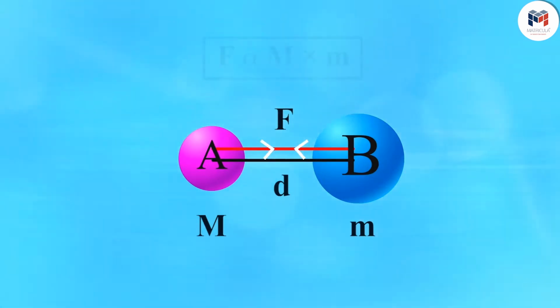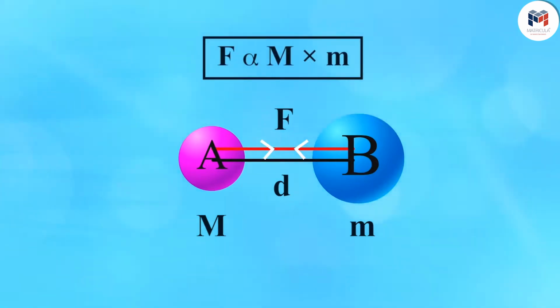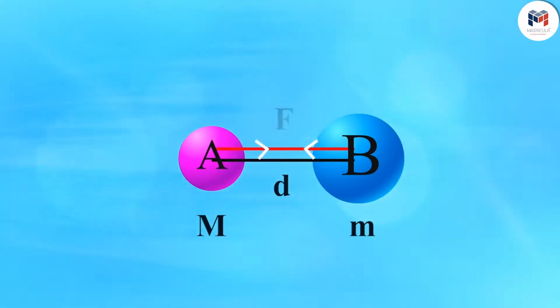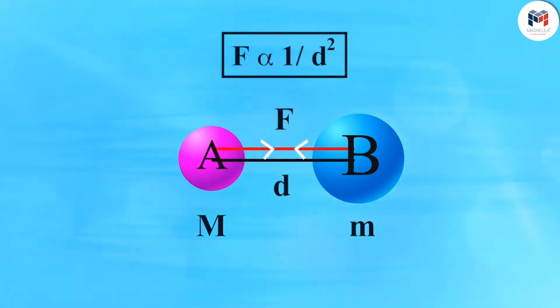So, mathematically we can write it as F directly proportional to m multiplied by m. Now, the force is inversely proportional to the square of the distance between the two objects, that is, F directly proportional to 1 upon d square.